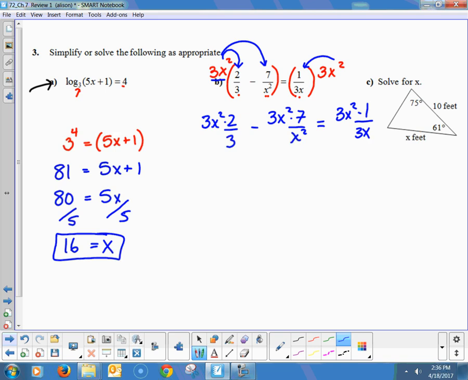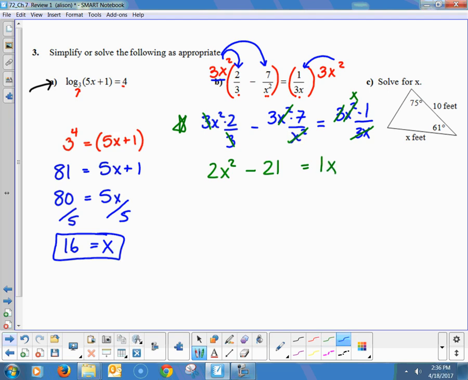Well, the whole point was to cancel these fractions. And so if you skipped this step, I don't blame you a bit. In this first fraction, this 3 cancels that 3, and I just get 2x squared. In the second fraction, x squared cancels x squared, and I get 21. Equals, and here 3x cancels with 3 and one of the x's. So my answer is 1 times x.